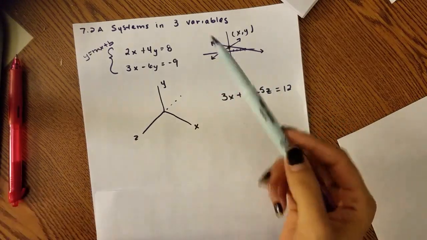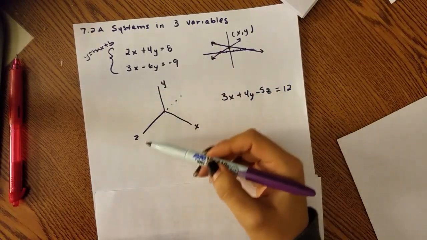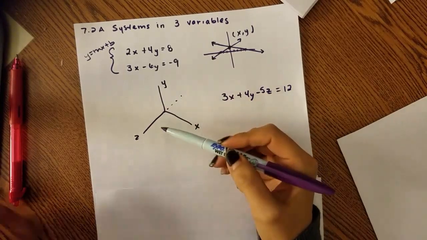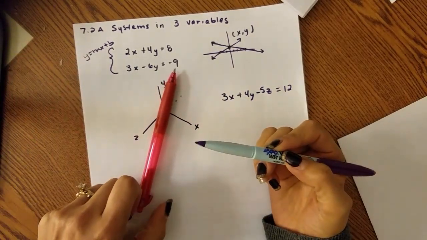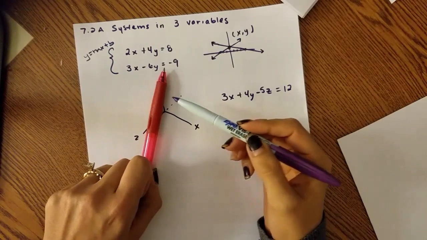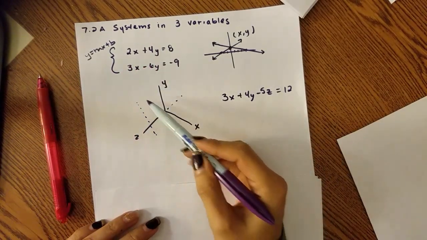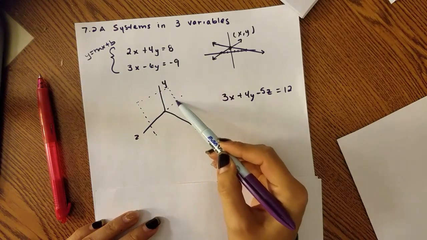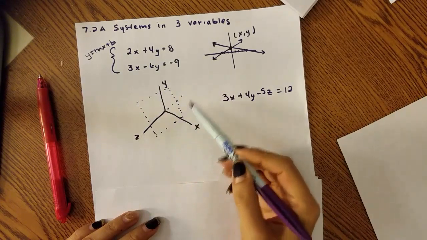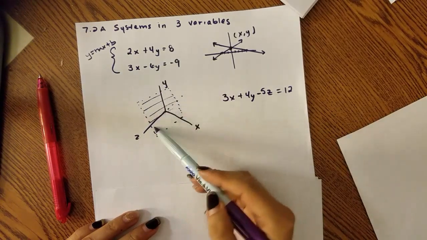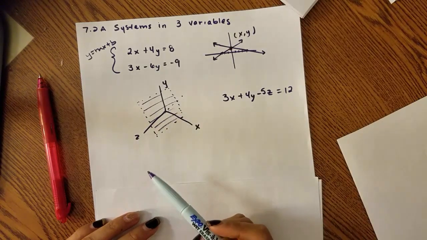You have a plane. So instead of having a line through your x and y, you actually have an entire plane that crosses through all 3 of those lines.